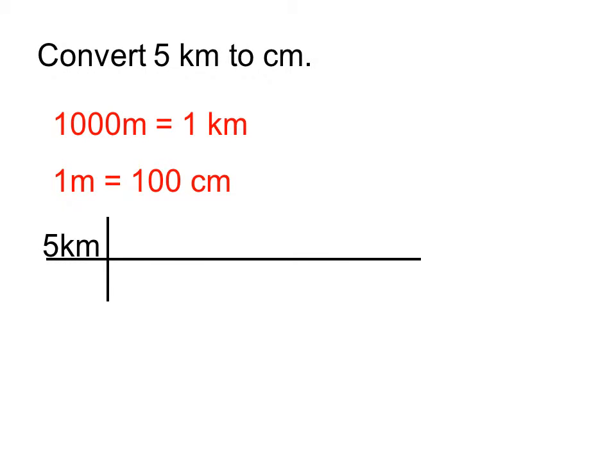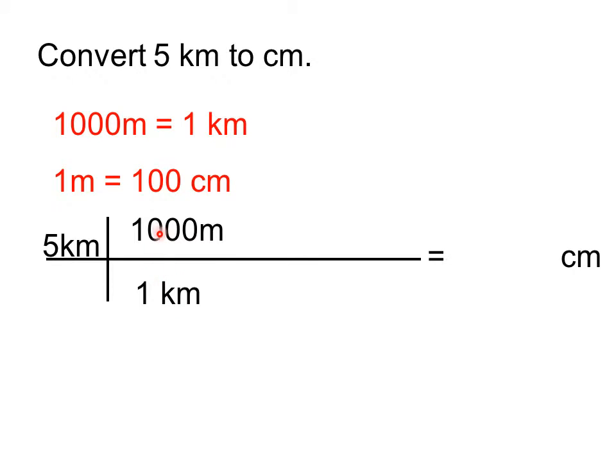Put in your fraction line, your factor line, and what you're trying to convert it into. And then because you're starting with kilometers, you have to put kilometers down here. You have no choice. So you go up here and grab kilometers and the number that comes with it, and you stick it down on the bottom. And what it's equal to goes on top.